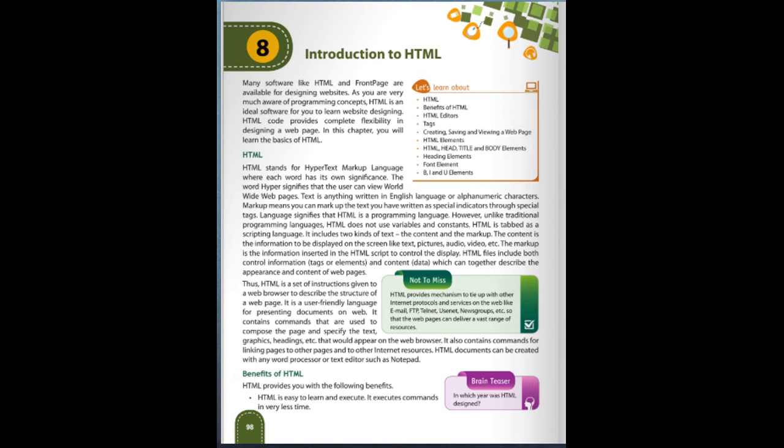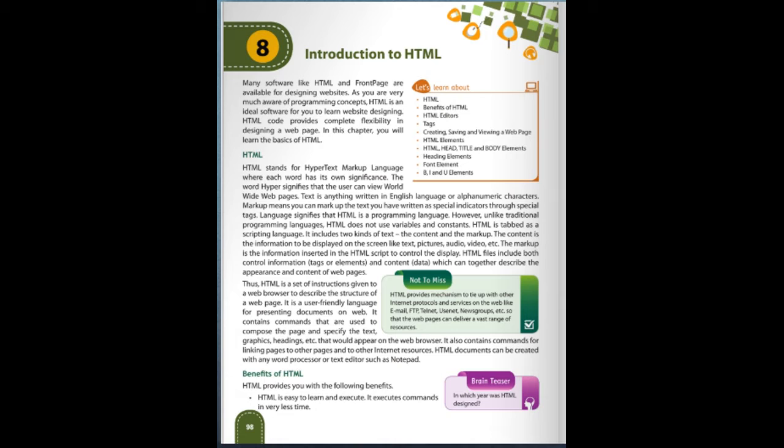It includes two kinds of text, the content and the markup. In other languages, we use variables to store a value, but in HTML, it's just a scripting language. You just have to write the code and the content of your web page.